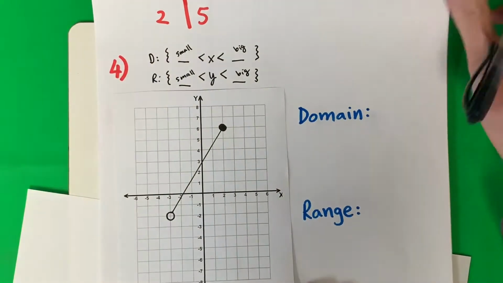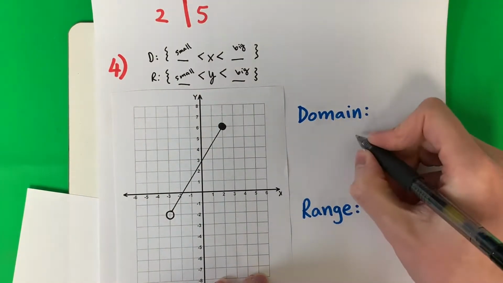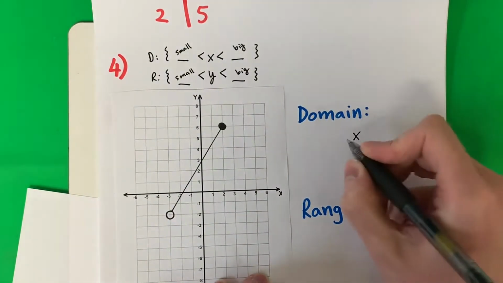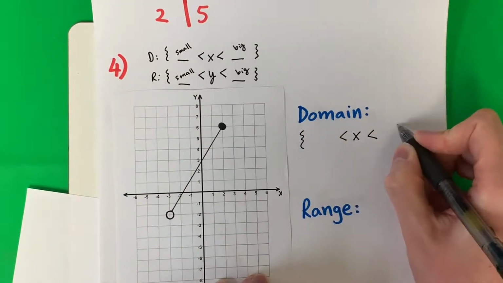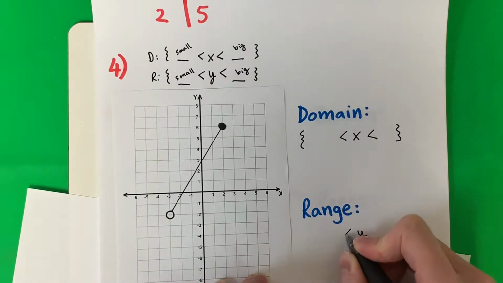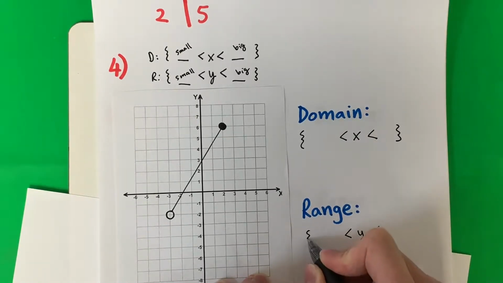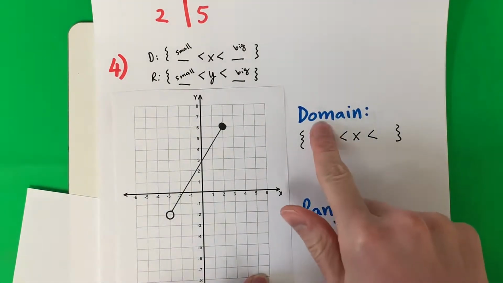So let's start with that here. Domain is X, so I will put an X in the middle, and I will put less than with my braces. And for my range, it will be Y, less than, and my braces. Just like that.